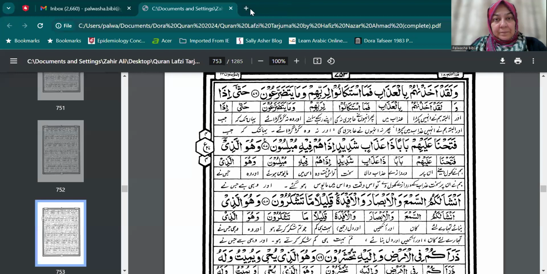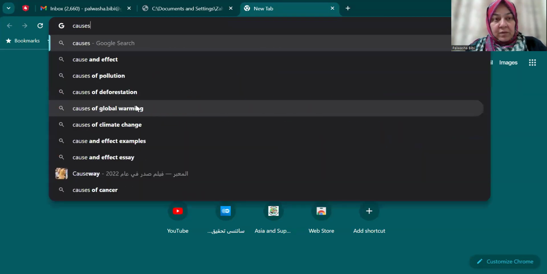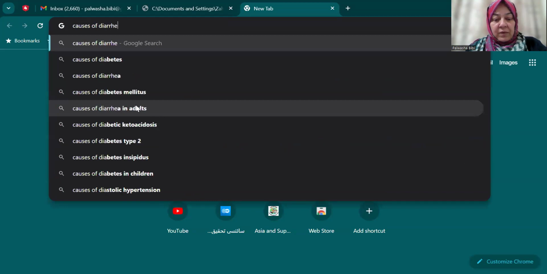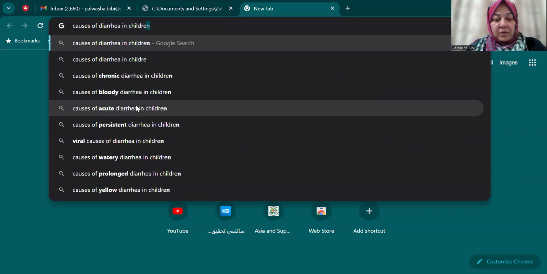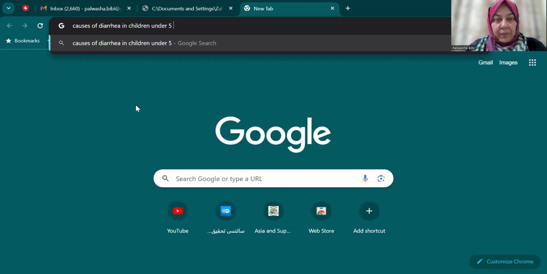Now, remember the question? I'll just write what was in the question. This is the simplest way of doing a literature search. It gets complicated, but this is what you need to learn today. Causes of diarrhea in children under 5 in Pakistan. Okay?